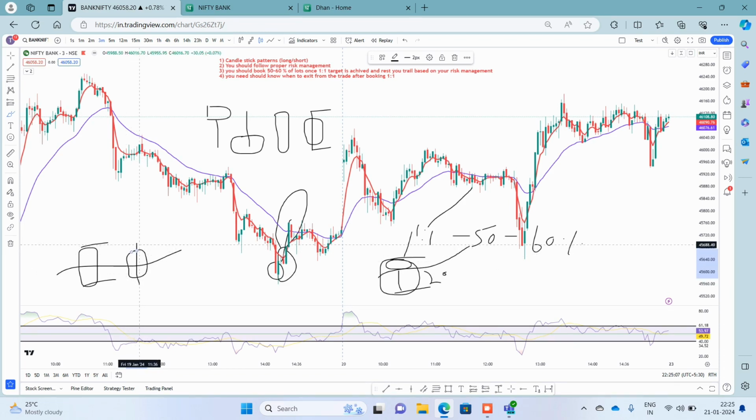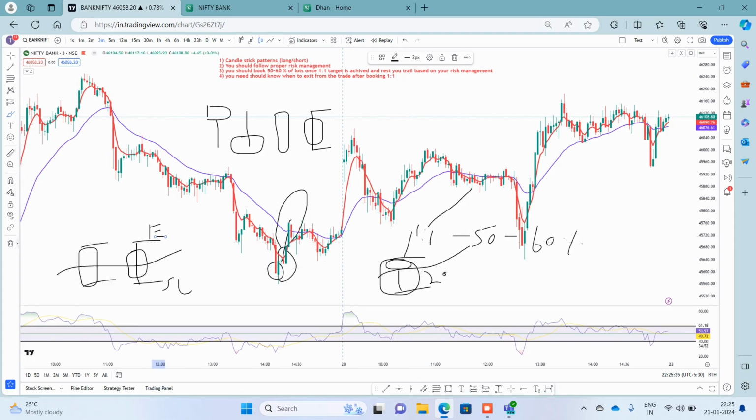There should be only small wick top side, only small wick bottom side. So this wick will be your SL and above this wick will be your entry. So these are the only three kinds of entries you will take using this strategy when you see these kinds of candles closing above 5 EMA.